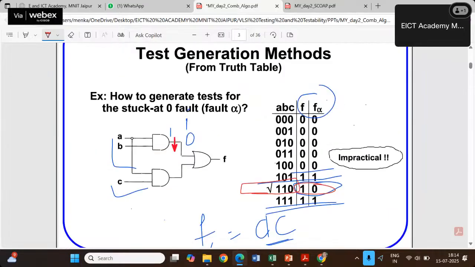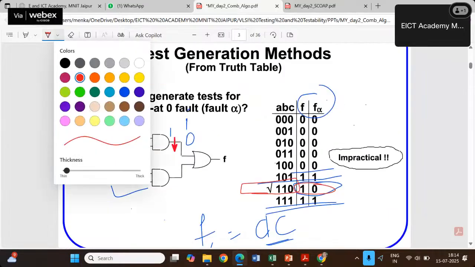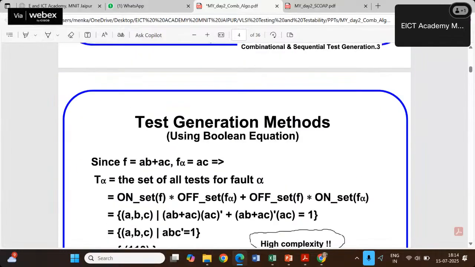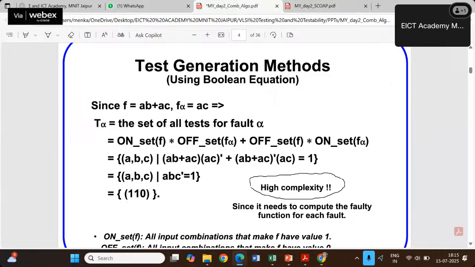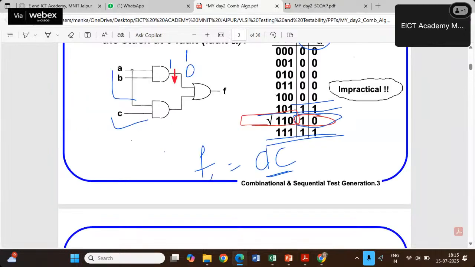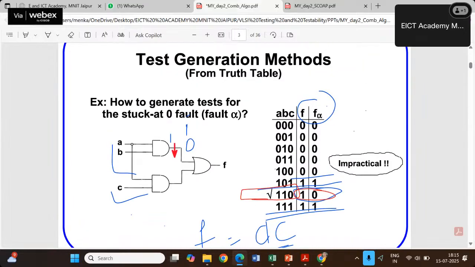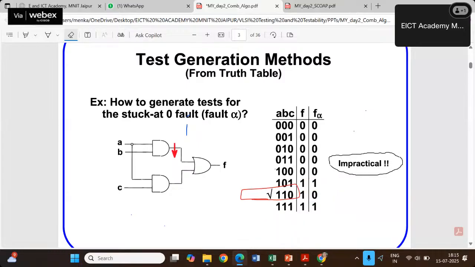So the next one is the test generation method from the Boolean equation. From Boolean or logical equations, you can generate the test pattern. How can you generate it? Just have a look at this truth table. In this truth table, if you look closely, f and f alpha are differ at one place.